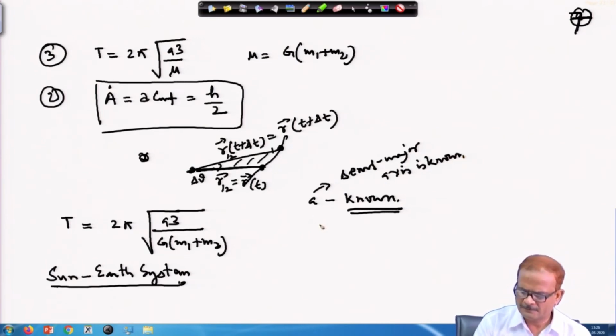I can assume that m2 is the mass of the earth and m1 is the mass of the sun.